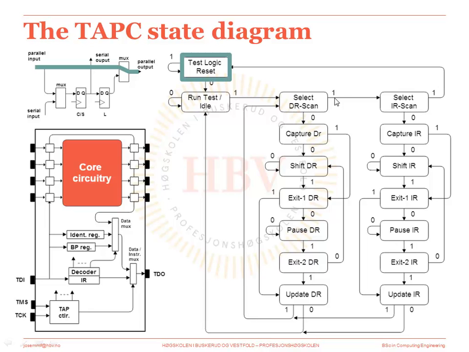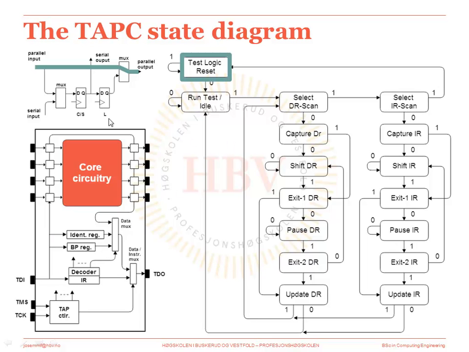We will assume that we start from the test logic reset state, which is what happens when we power up the board. And when we are in the test logic reset state, all the boundary scan cells will be in transparent mode. That is to say, all the pins will be connected to the core circuitry, both at the inputs and outputs.